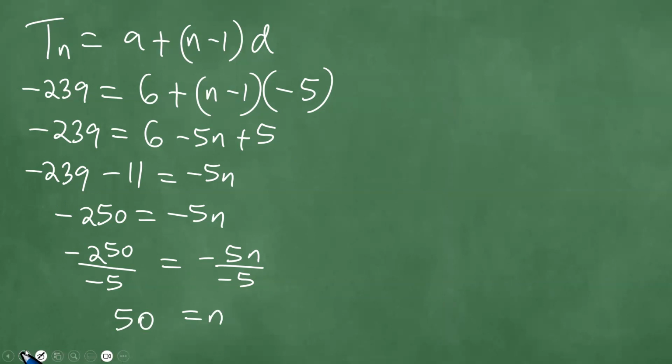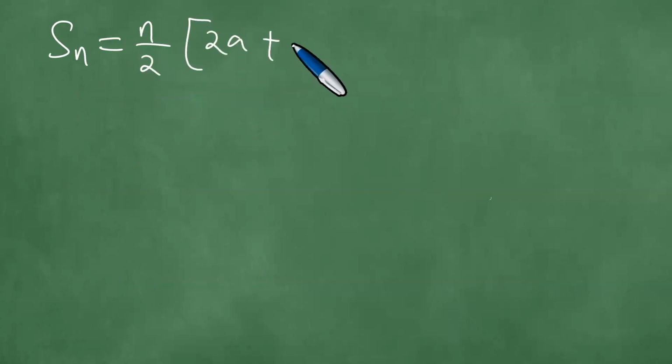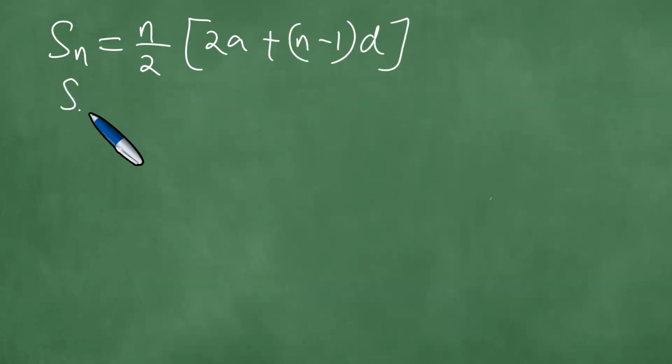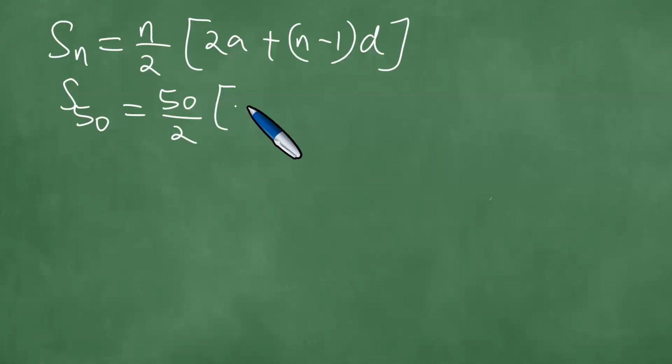Once you get n equals 50, then we know that S sub n is n over 2 times 2a plus n minus 1 into the common difference d, which means that n is already 50. So 50 over 2 equals 2 into the first term.